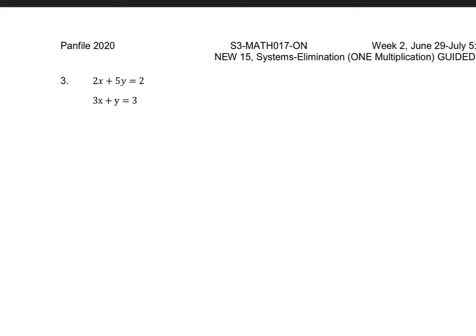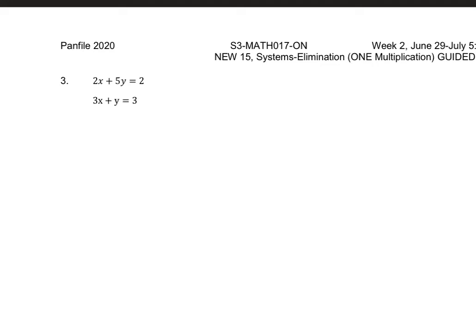All right, so now here, number 3. Looks a little bit different than number 1 and number 2 because although you have the same signs all the way across, like everything's positive in this one, you do not have the matching numbers that you've had in the other ones.